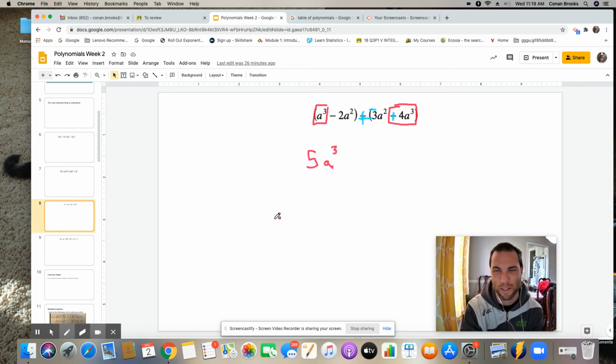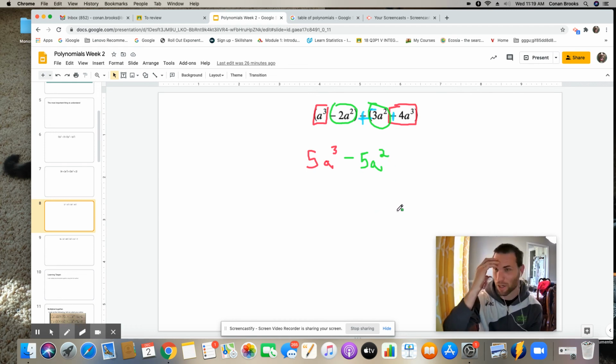Hopefully you'll see this as easier. And then over here is negative 2a squared and negative 3a squared, which is negative 5a squared. That's the same thing we got last time. But if you flip, change, or however many you got, then that might make it easy, okay?